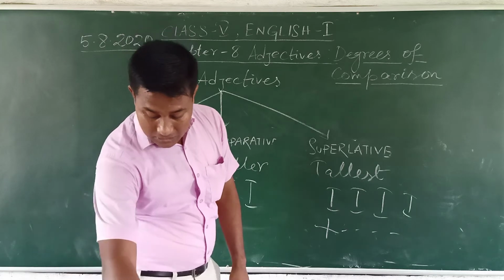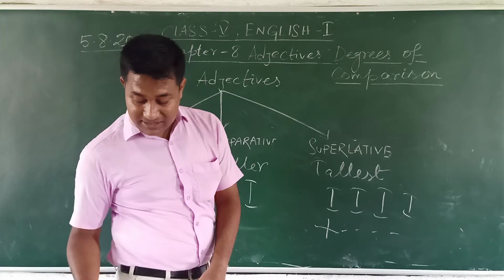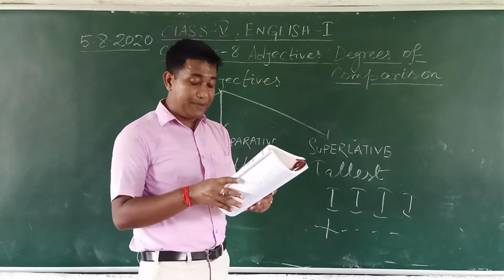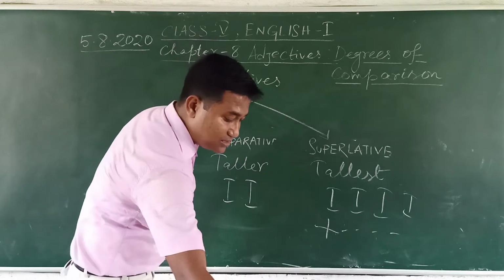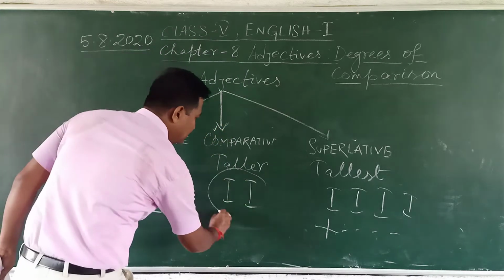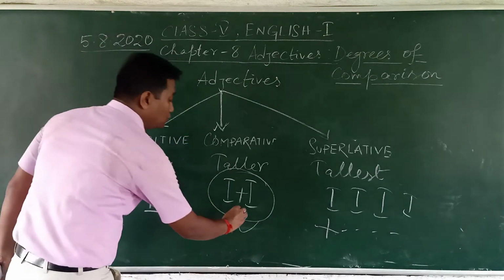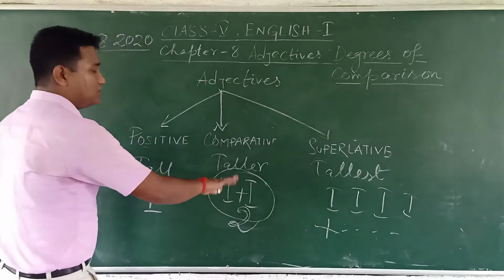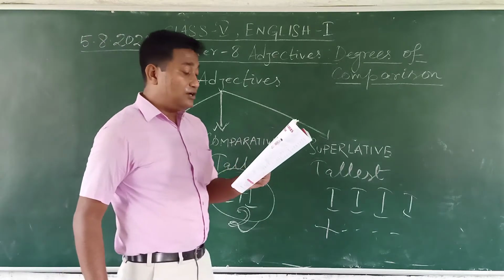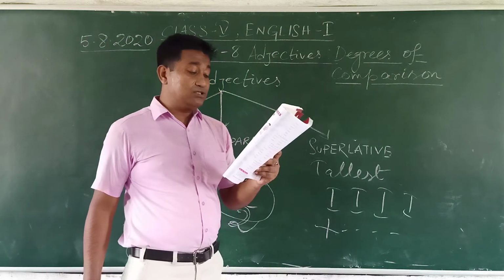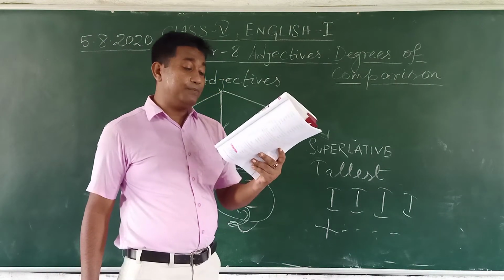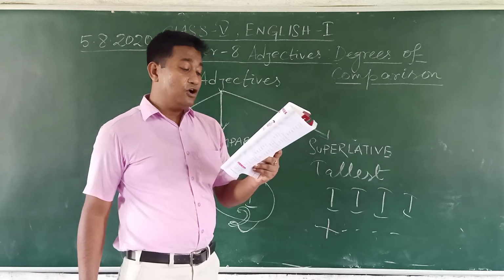When we use the comparative degree of an adjective, we compare two persons or things, 1 plus 1 equals 2, so for that reason we are using taller. We use the superlative degree of an adjective when we compare more than 2 persons or things, or more than 2 groups.